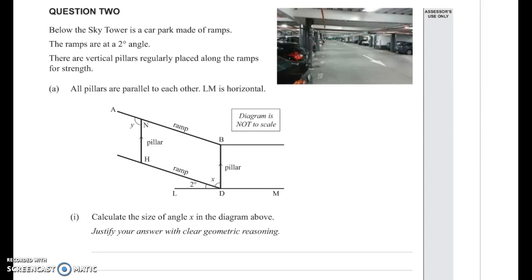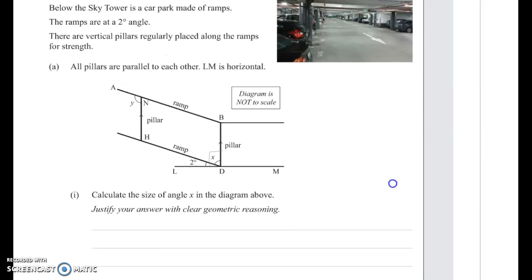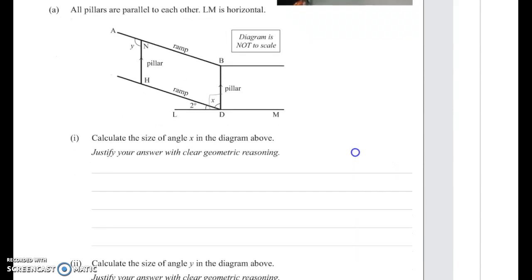We know that LM is the horizontal, so that would mean that my pillar, which is vertical, would be perpendicular, so this whole angle would be 90 degrees. So there's my thinking. Calculate the size of angle X in the diagram above.